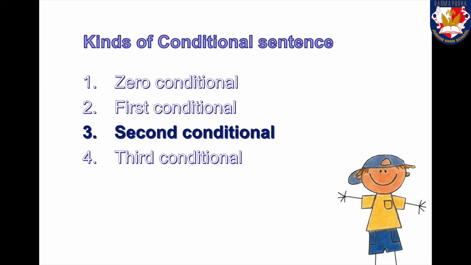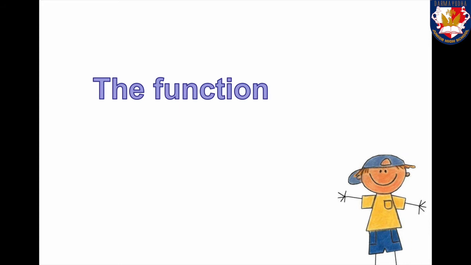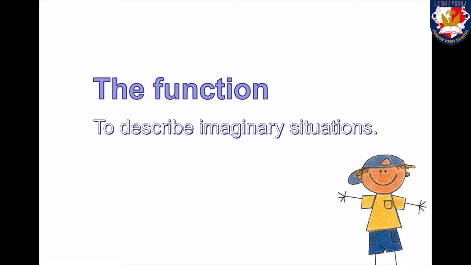But today, we are going to focus on the second conditional. The function of the second conditional itself is to describe imaginary situation, which means if you imagine something, you can use the second conditional to express it.